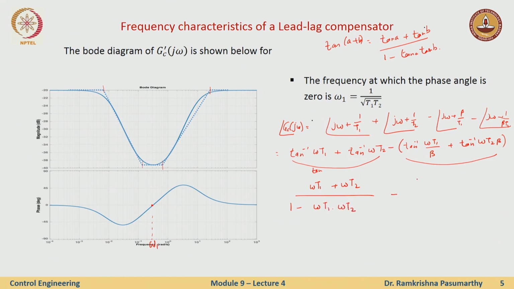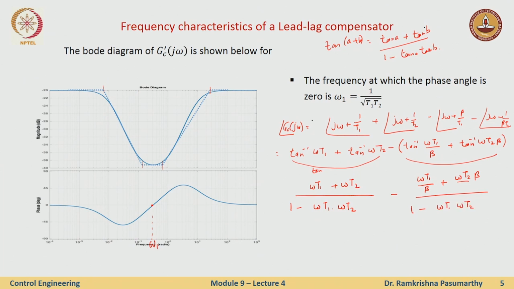Similarly, on this side I will have omega T1 over beta plus omega T2 times beta, over 1 minus omega T1 times omega T2.